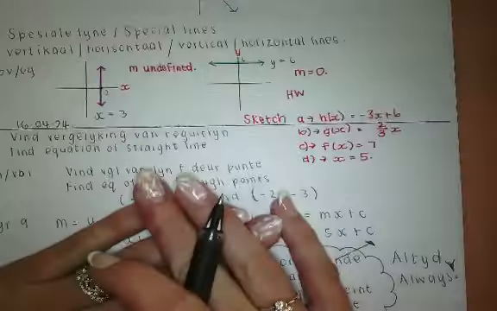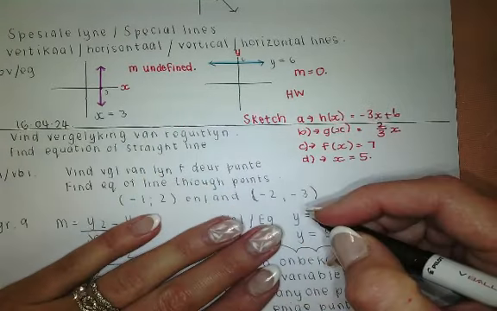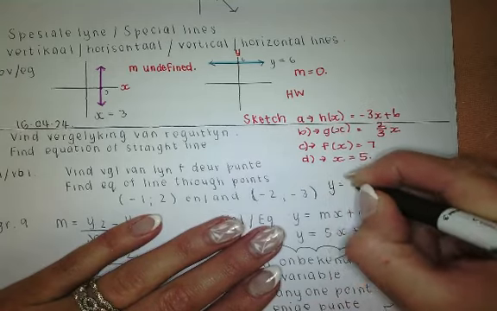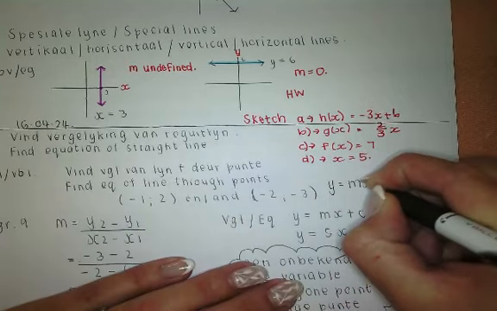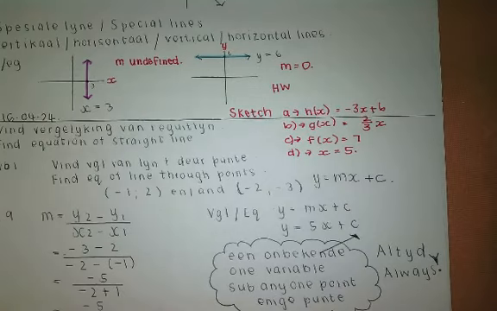When we're finding the equation, the first step is to write down the general form of a linear graph, which is y = mx + c. That's what we're going to do first. And when we need to calculate the equation of a straight line, there's only two things you need to calculate.